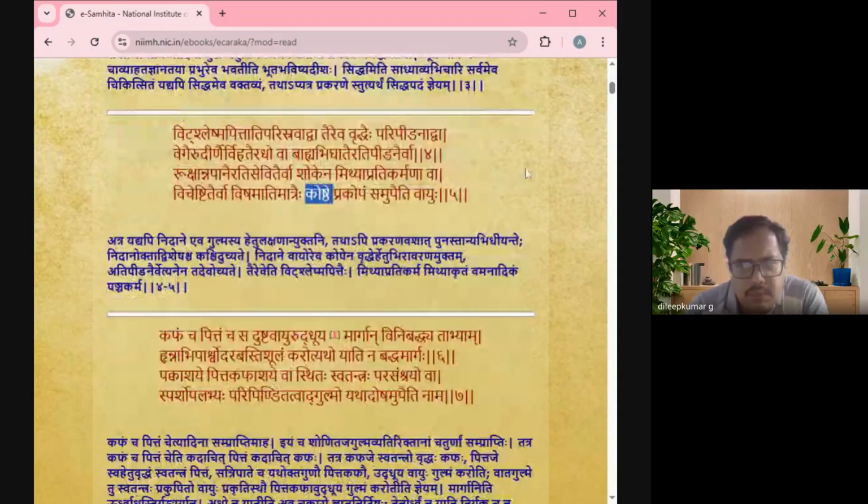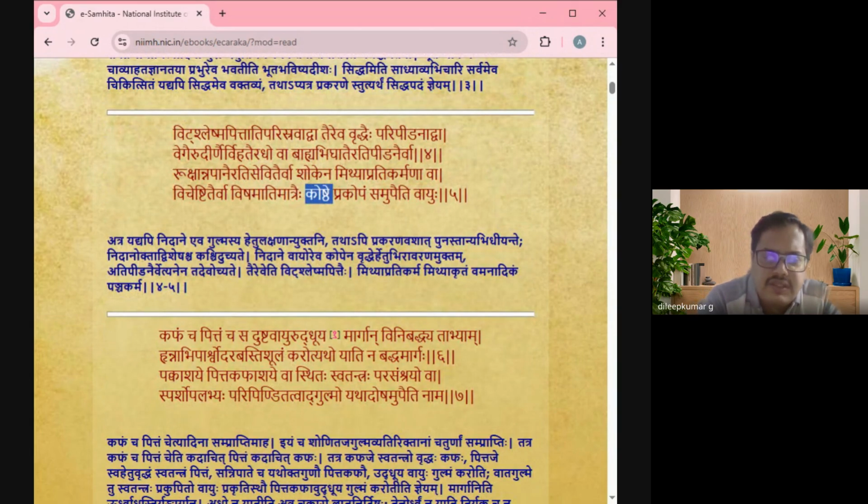So this vayu, because of the excessive dryness, may cause stimulation of mucus secretions and other intestinal secretions, GIT secretions. So kafam cha pittam cha, again enzyme secretion or HCl secretion, vasoactive intestinal peptide secretion, intestinal fluid secretion.